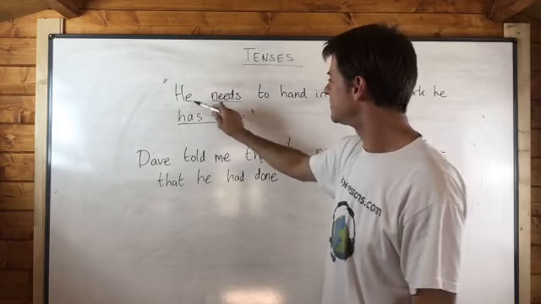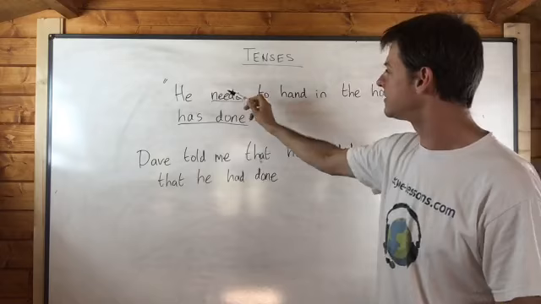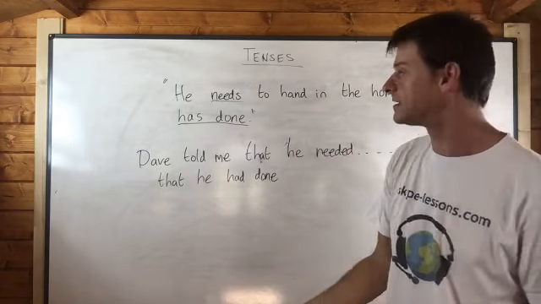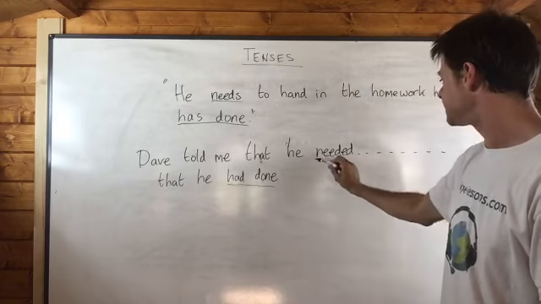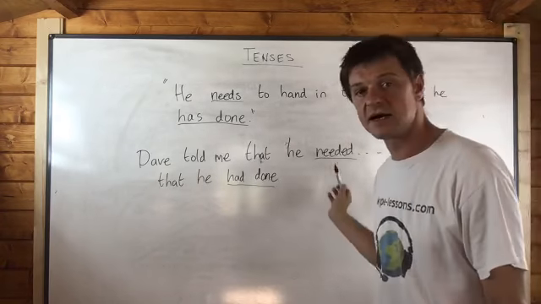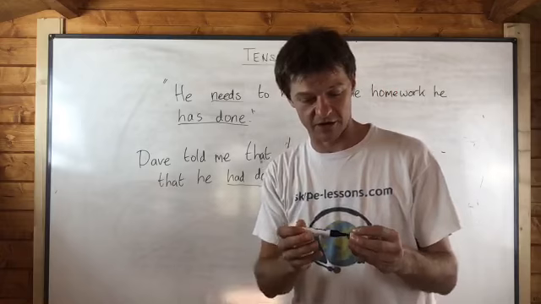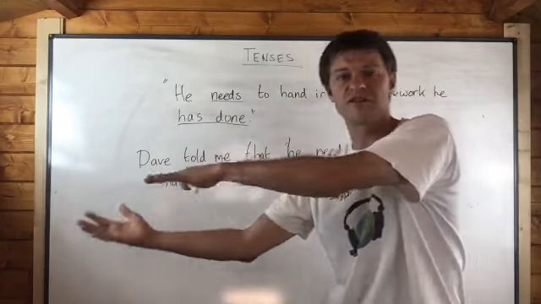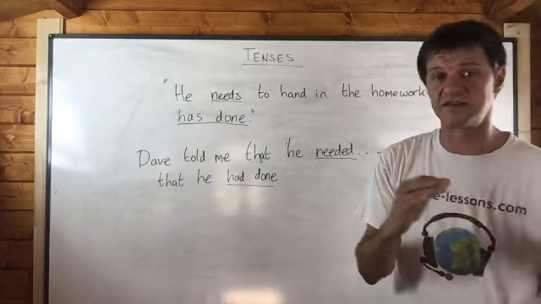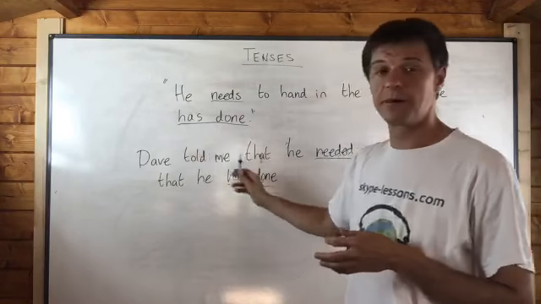Firstly, the subject, he, did the homework, and secondly, he needed to hand it in. And so, has done turns to had done. He needed is the past simple verb, and had done is before that past simple verb. So anytime you're reporting something, just put all those present tenses back to past tenses, and that's how you would use your past perfect.